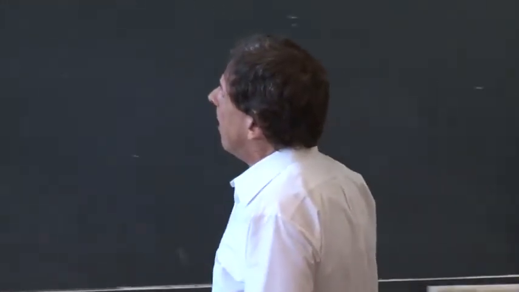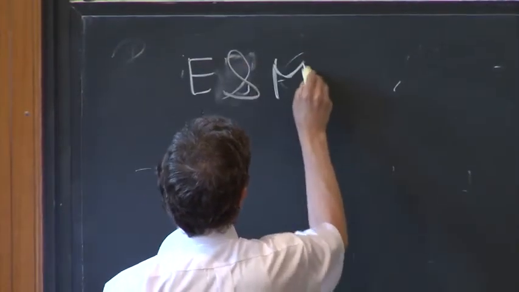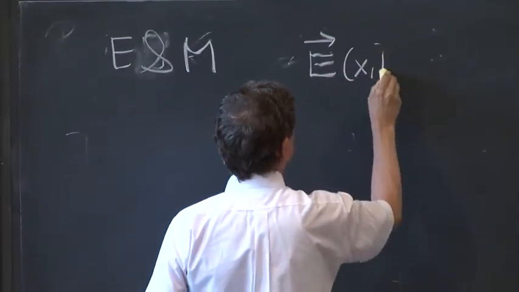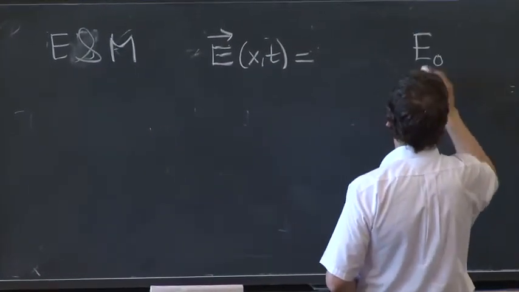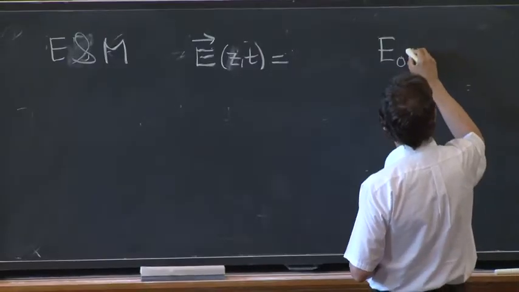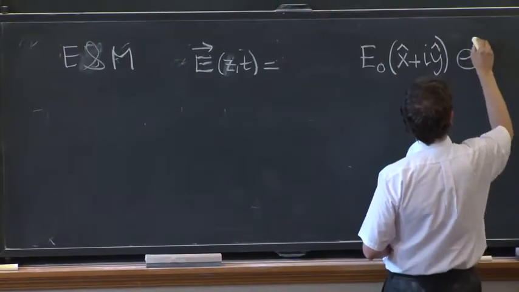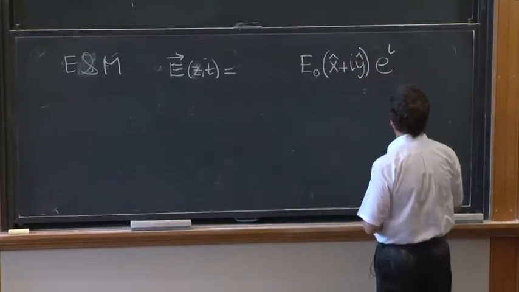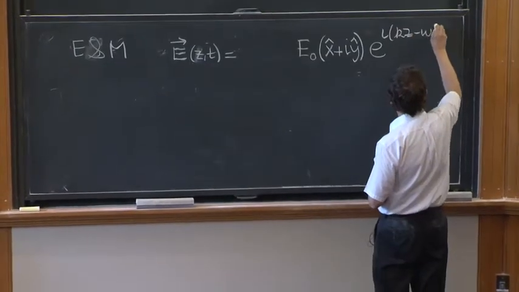So for example, in E&M, you had an electric field, for example, for a circularly polarized wave, and you would write it as this, E0 (x hat plus y hat i), those are unit vectors, i is the square root of -1, e to the i(kz minus omega t).